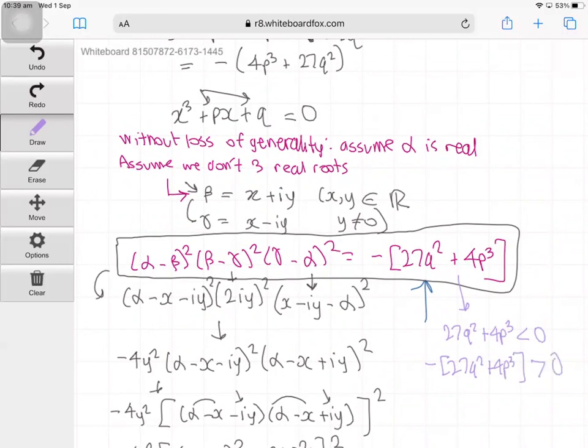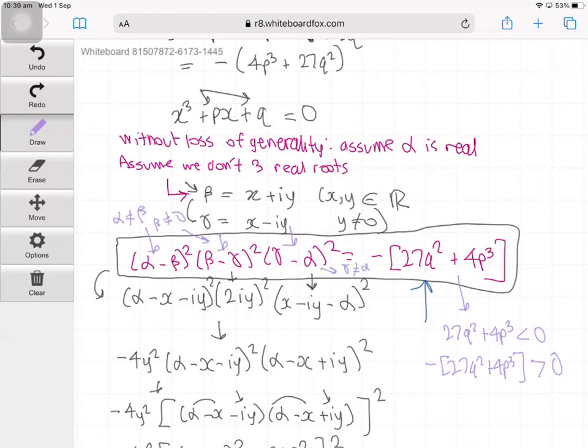This means the right-hand side is not equal to 0. And that means on the left-hand side, none of these 3 things can be 0, because then their product would be 0. That means alpha minus beta is not 0, beta minus gamma is not 0, and gamma minus alpha is not 0, which means no 2 roots are the same. So all pairs of roots are different, and this means all 3 roots are distinct.